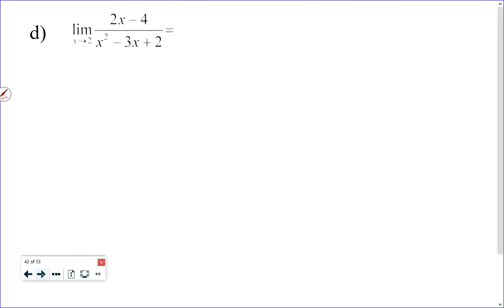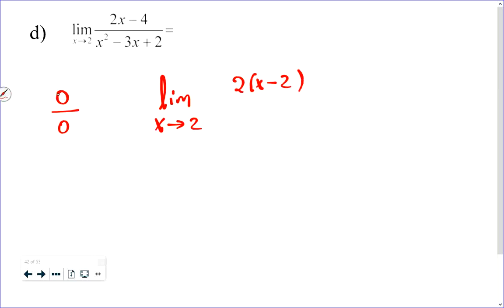D, if you were to put 2 in here, trust me on this, you're going to get 0 over 0. And that means what we need to do is take this expression and do everything we can to see if we can eliminate factors that produce 0. So I factor the numerator, I factor the denominator, very basic factoring. I can see that x minus 2 is on the top and the bottom and it cancels.